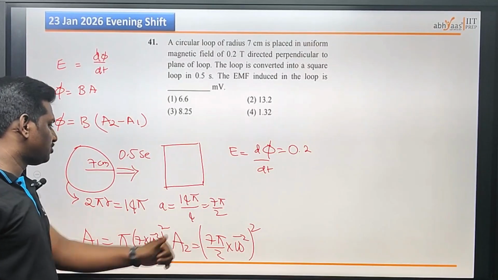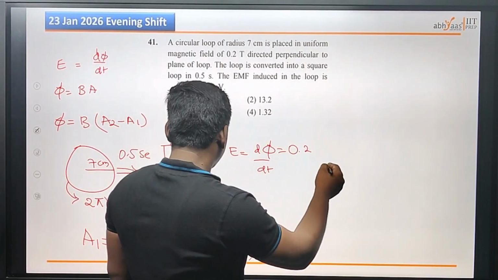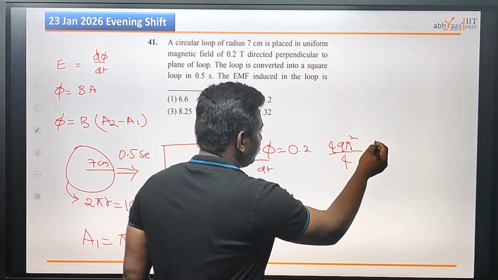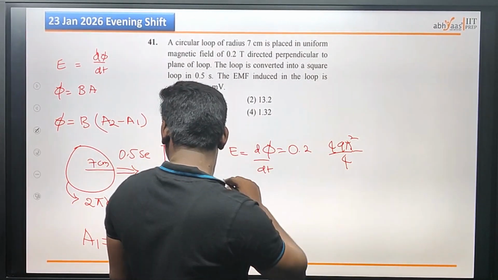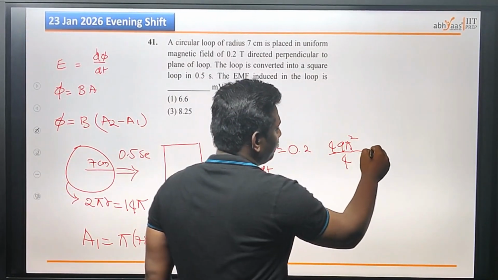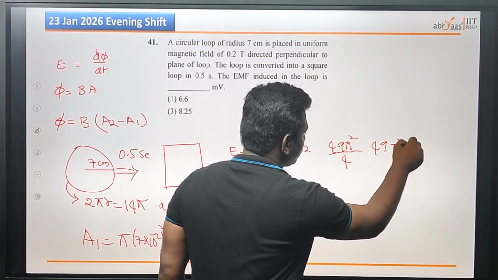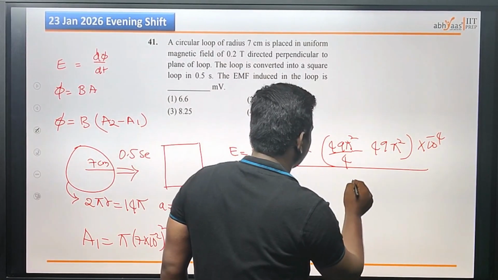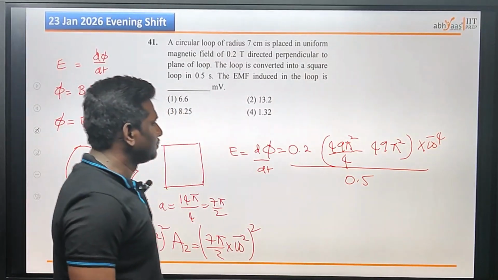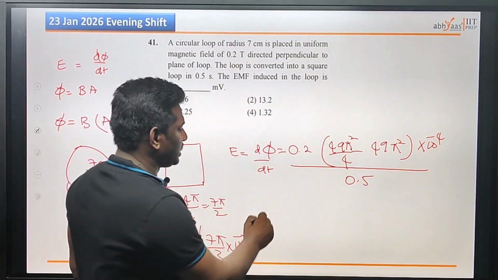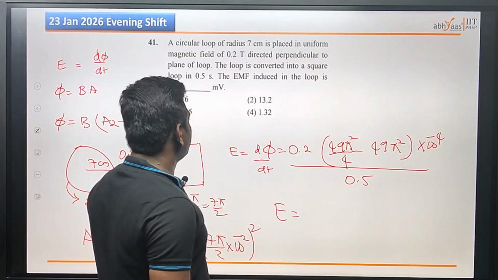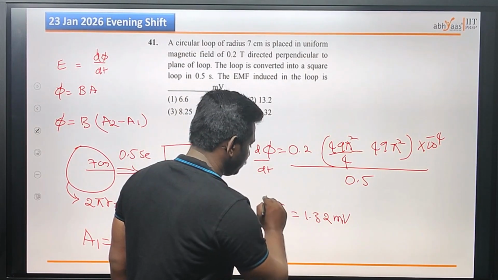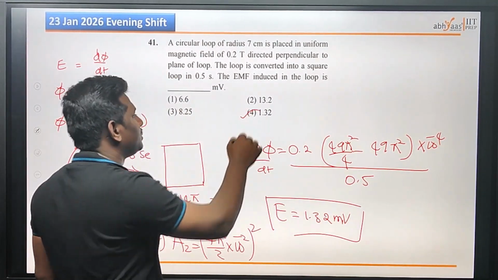You have to substitute the areas. A2 is 49 pi square by 4 minus 49 pi square into 10 to the power minus 4, divided by 0.5 second. If you solve this, you will get E equal to 1.32 millivolts.